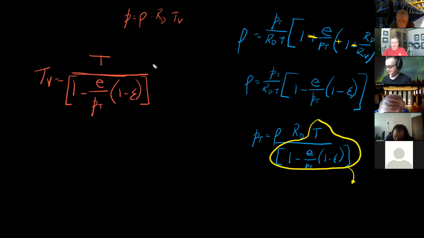So let's take a look at the virtual temperature. What will the value of the virtual temperature be compared to the temperature? Let's look at the bottom. What is this number always going to be? One minus epsilon is always going to be what?